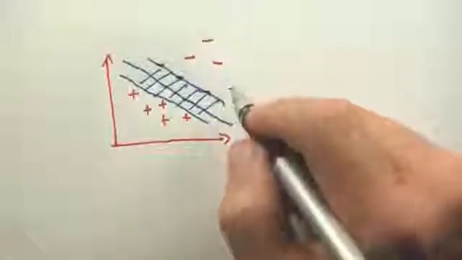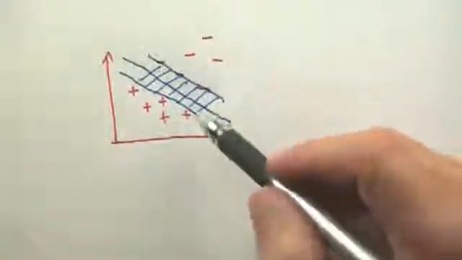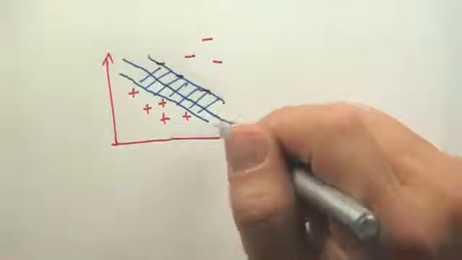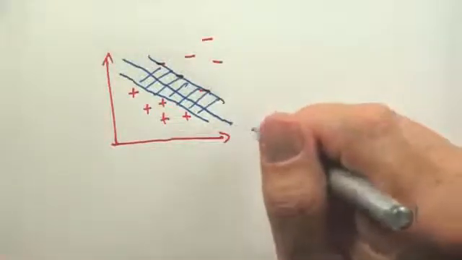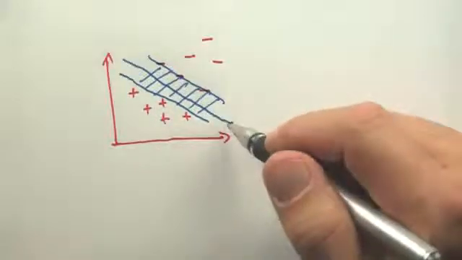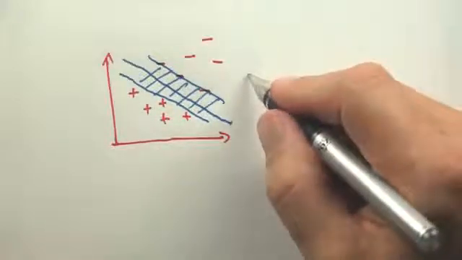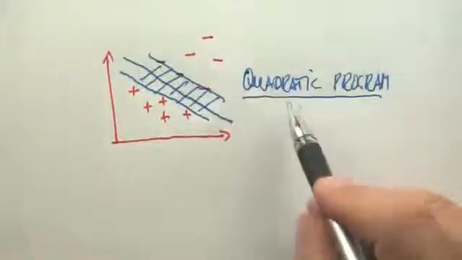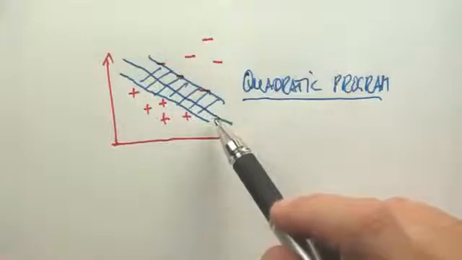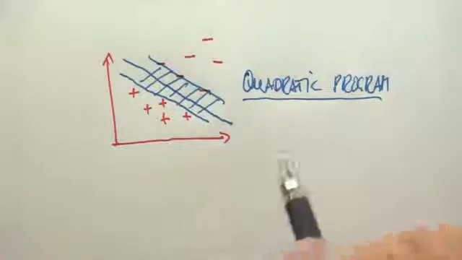By doing so, it attains additional robustness over perceptron, which only picks a linear separator without consideration of the margin. Now, the problem of finding the margin maximizing linear separator can be solved by a quadratic program, which is an iterative method for finding the best linear separator that maximizes the margin.